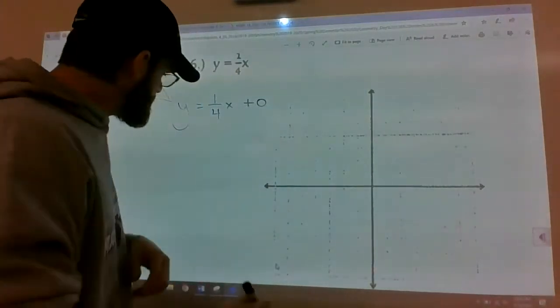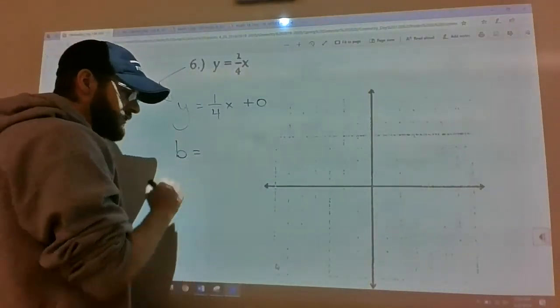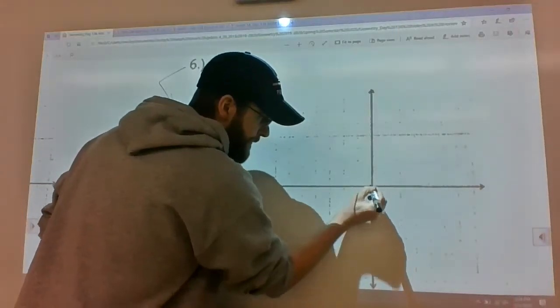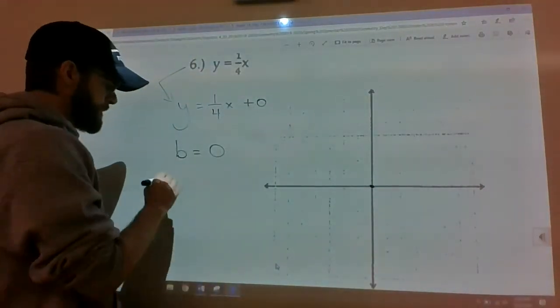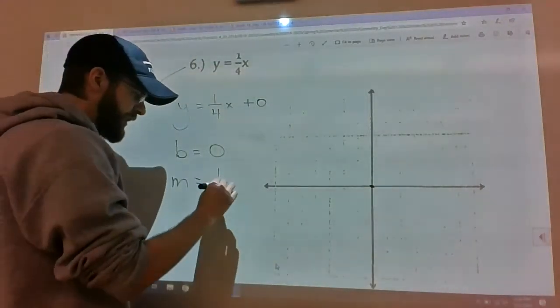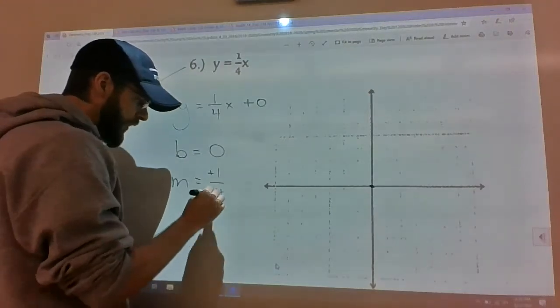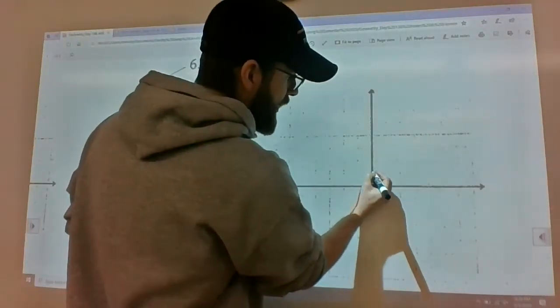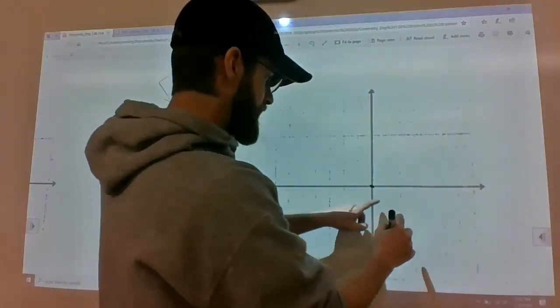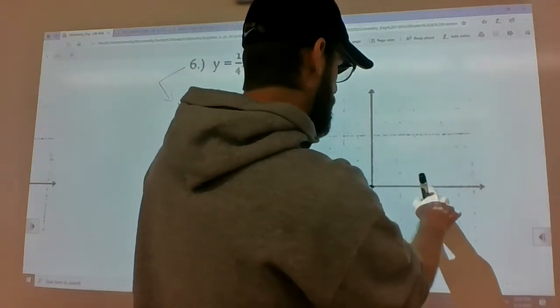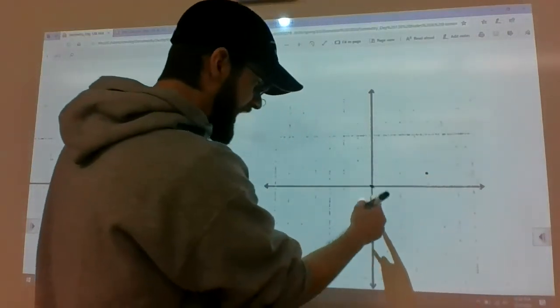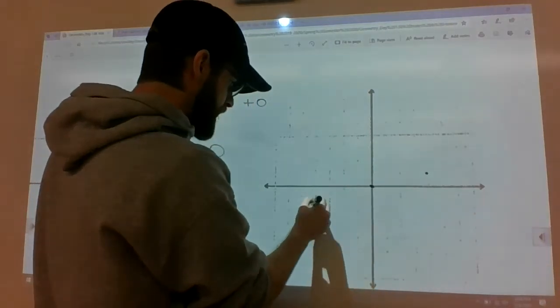Okay, that just means that it starts right on the origin. And then it's going to go up 1, right 4 from that point. Up 1, right 1, 1, 2, 3, 4. Or down 1, left 1, 2, 3, 4.